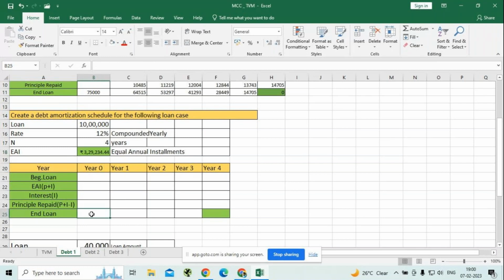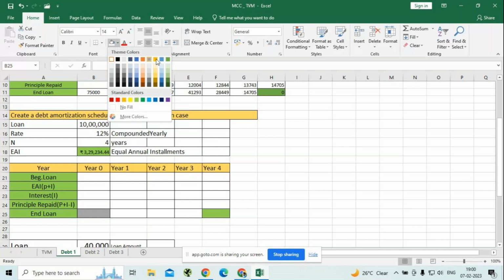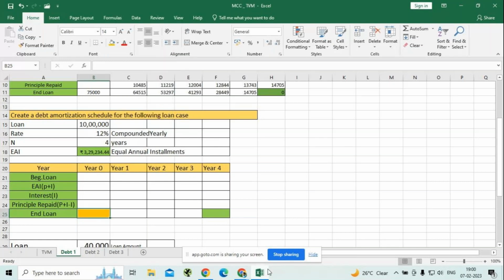I'll put only the end loan amount in year zero. That is nothing but the opening of your loan amount, which is 10 lakh. This 10 lakh, I will carry forward for the next year.